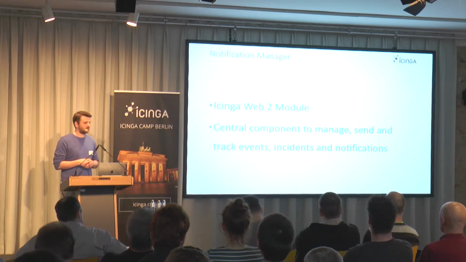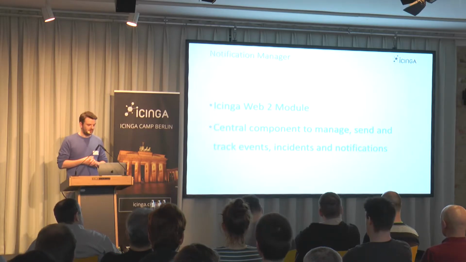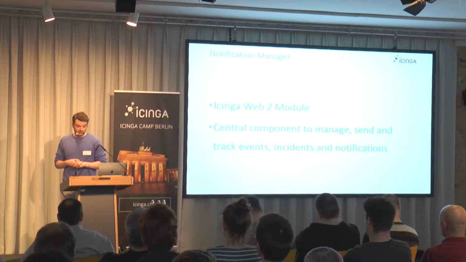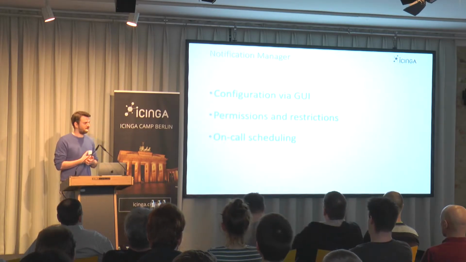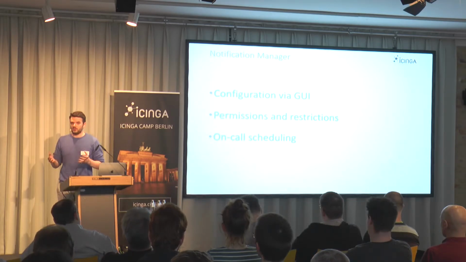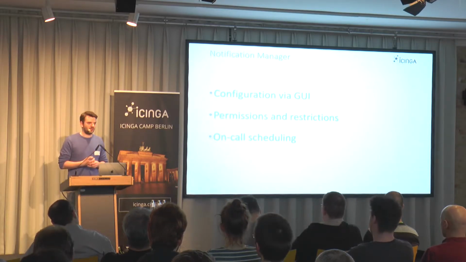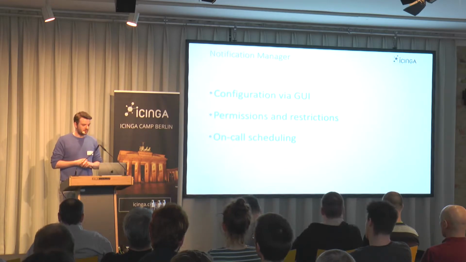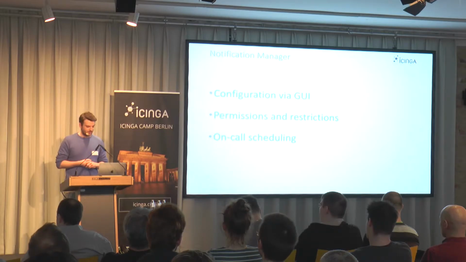Basically, it's a central component to manage, send, and track all the events, incidents, and notifications that happen in your monitoring environment. What it adds is that you configure everything via GUI and not in the Icinga 2 config. You get the permission and restriction system from Icinga Web 2, so you're actually able to split up the configuration across teams. And it has the possibility of on-call scheduling.